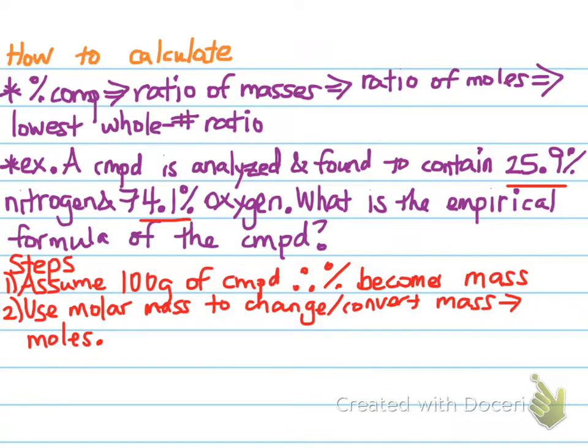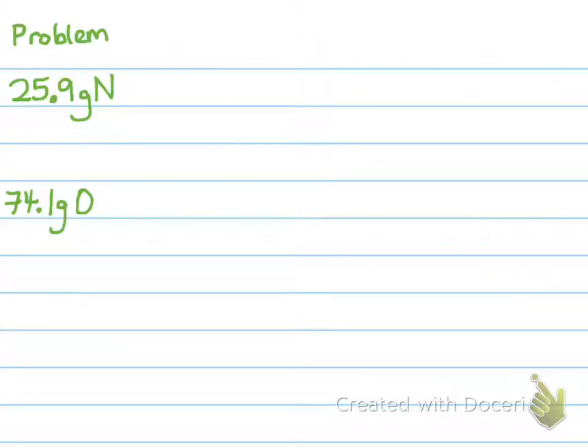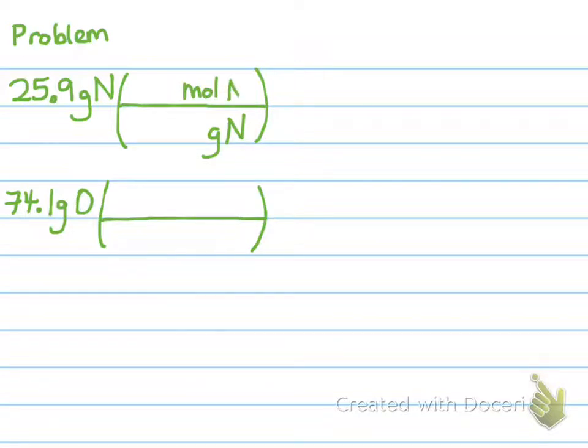So we need to take what we have as mass data right now and convert it to moles. So we're going to use our molar mass conversion factor. Remember, we need units to cross out, so grams of nitrogen will be on the bottom, moles of nitrogen are going to be on the top. Grams of oxygen will be on the bottom, moles of oxygen will be on the top.